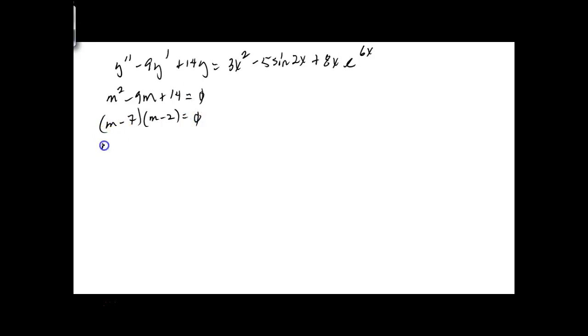So what are your m's? 7, 2. Okay. So what would be your complementary solution? c1 e to the 2x plus c2 e to the 7x.